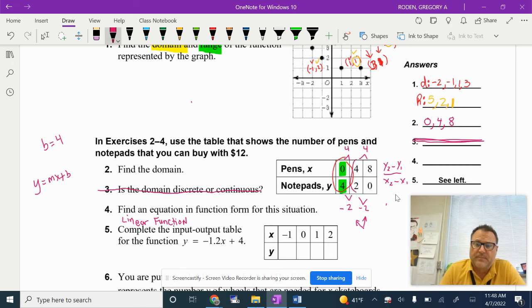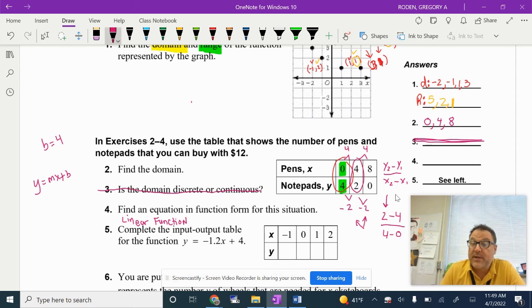Let's say I want to use these 2 points right here. So instead of a y2, I could say that is 2 minus a y1, which is 4. So 2 minus 4 over x2, which is 4 minus 0.